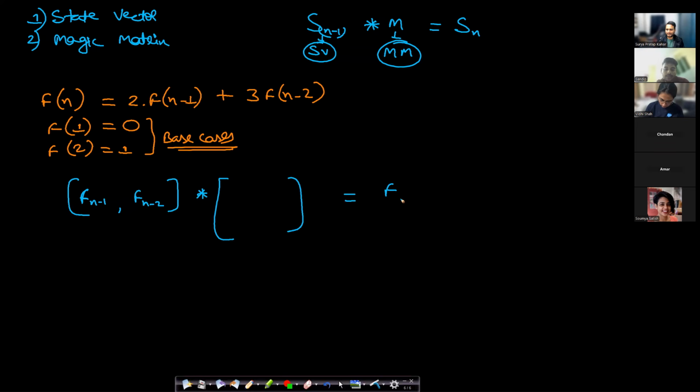I think my representation here is incorrect. I should write in a proper order, otherwise the result will also occur in that order, right? So I should write n minus 2, n minus 1, so that I can write here n and n plus 1, something like that.